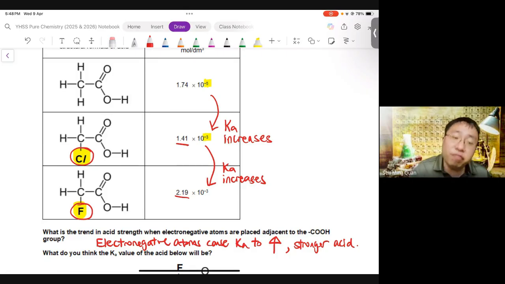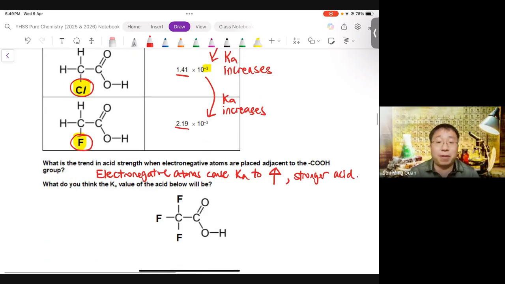Now the reason for this, we cannot go into it now. We can go into it later when we discuss a little bit more, perhaps in our pure chem lessons. But for now, what's important is for us to read the data and to get the trend. The explanation for the trend, let's leave it until later on when we do more chemistry. So if you have electronegative atoms, it increases the Ka and makes it a stronger acid.